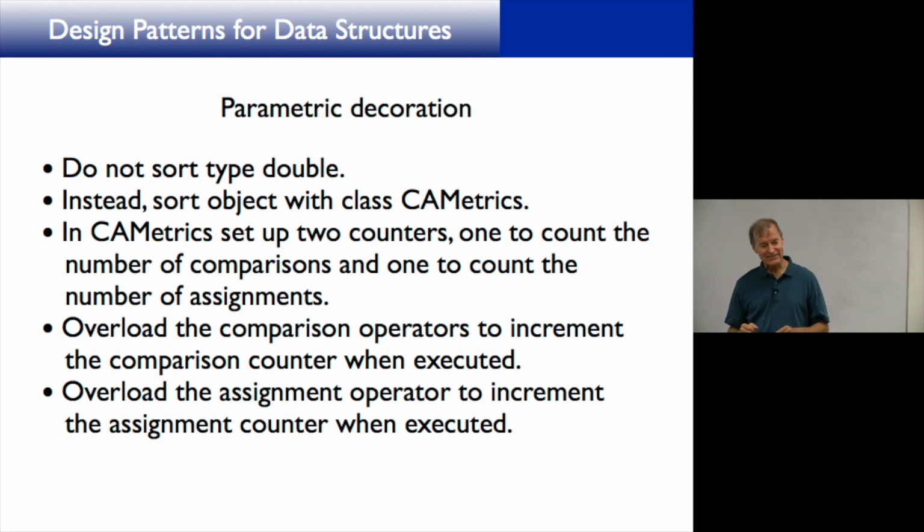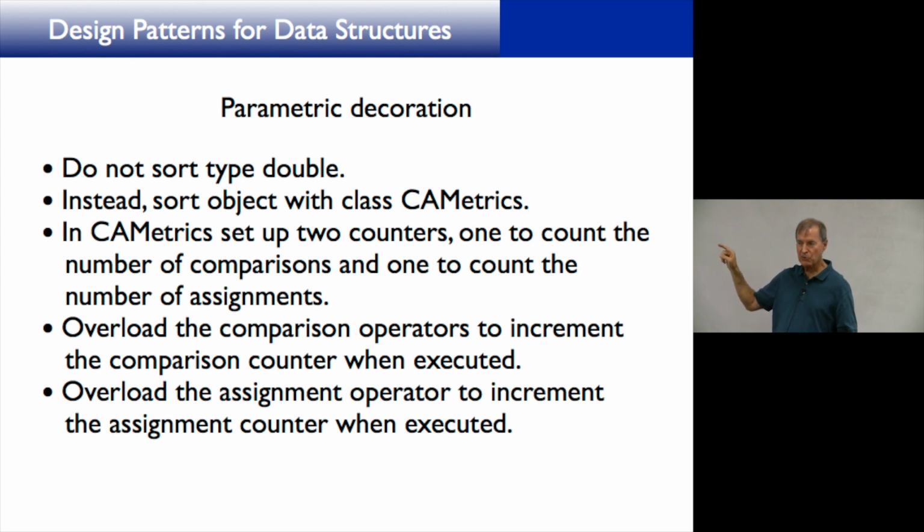Well, not quite, no cigar. You can't sort counters, but you can use counters in something to sort. All right? So here's what we're going to do. The name of the class is going to be called CA Metrics. Now, why do you suppose we call it CA Metrics? CA is what? Comparison Assignment Metric.